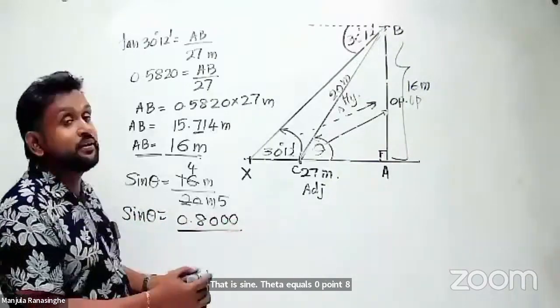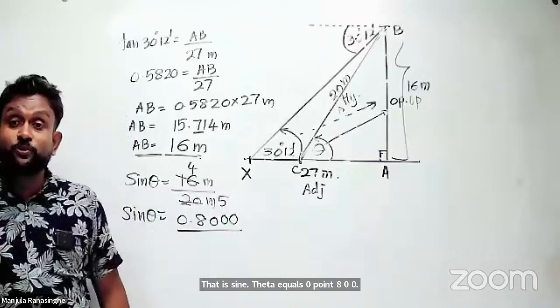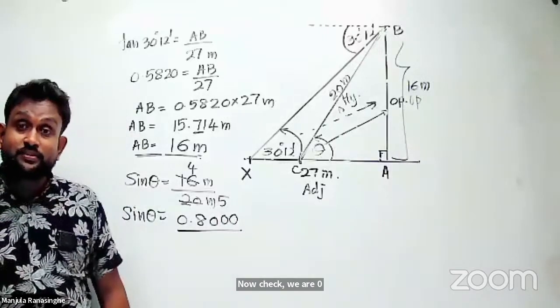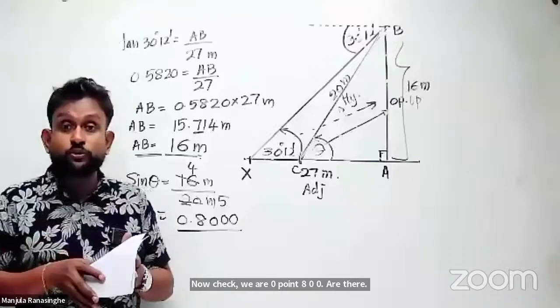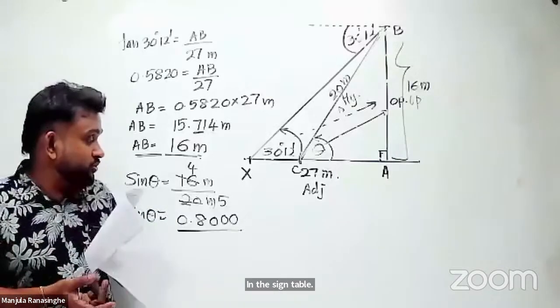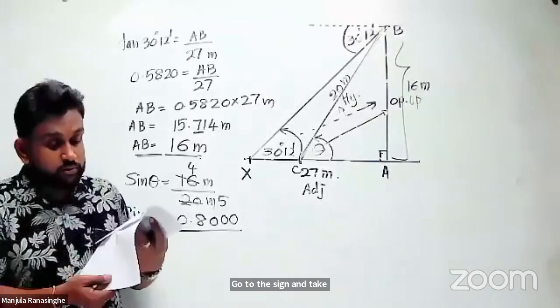Now check where 0.8000 is in the sine table. Go to the sine and take 0.800.